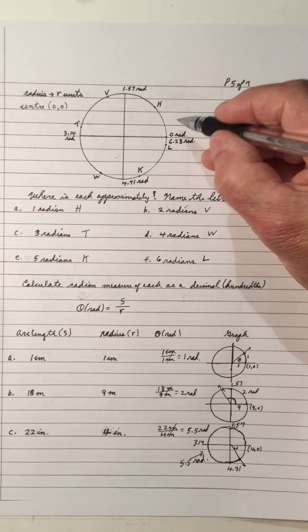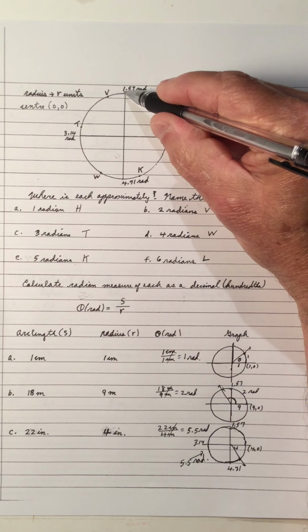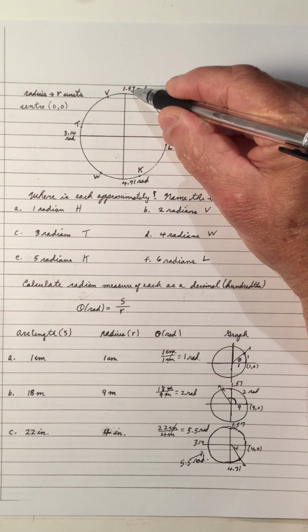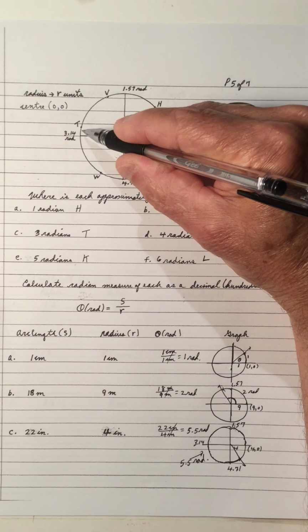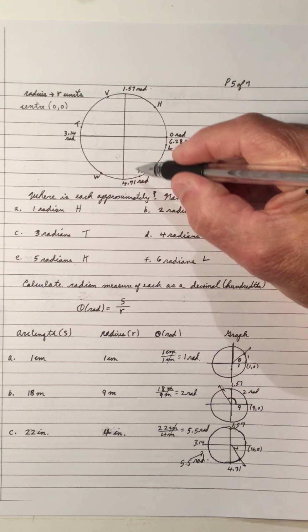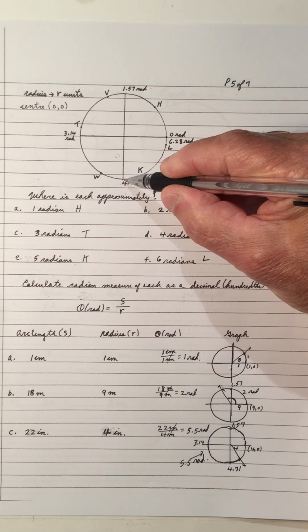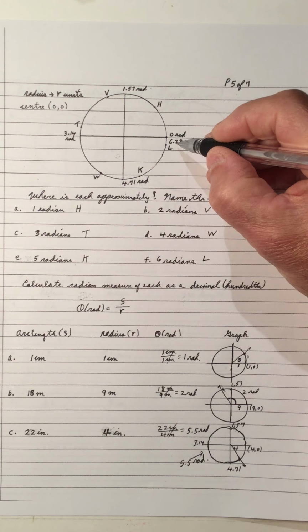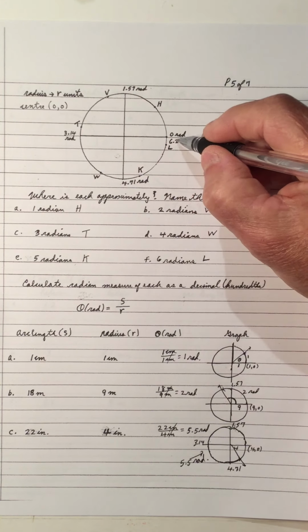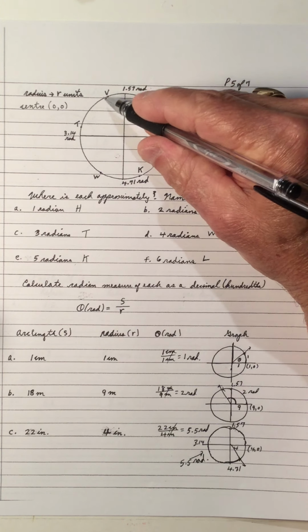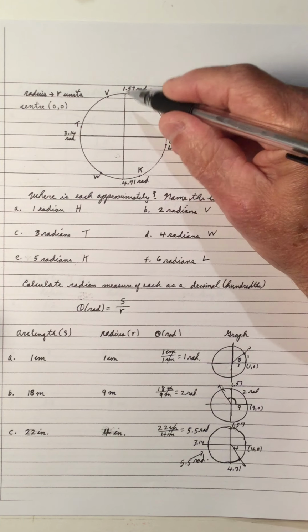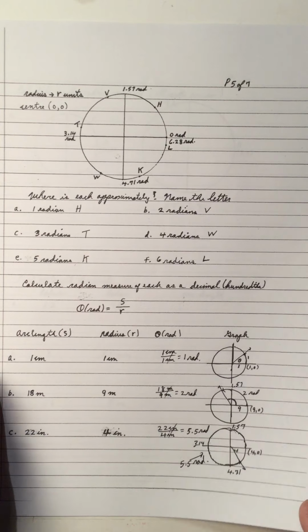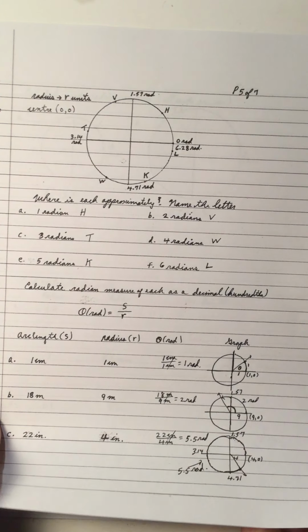And I remind you, 0 radians, 1.57 is 1/4 of the way, half the way is 3.14, 3/4 of the way is 4.71, and all the way around in terms of radians is 6.28. Keep these numbers in your mind. Learn them. You'll need them.